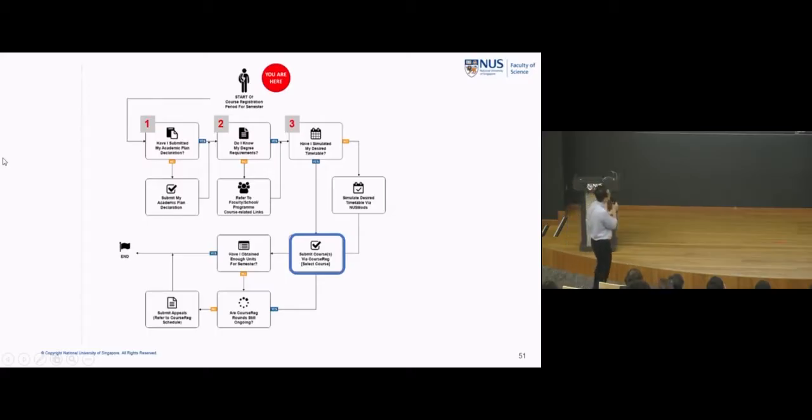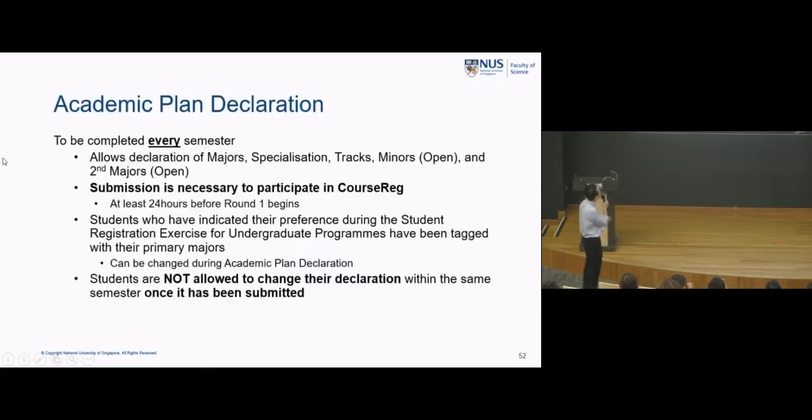And finally, go through the course registration exercise and see whether you have secured enough courses for that semester. If it's still ongoing and you have not gotten enough courses, you continue in round 2, round 3, until you have gotten enough. Okay? So this is the flow chart.